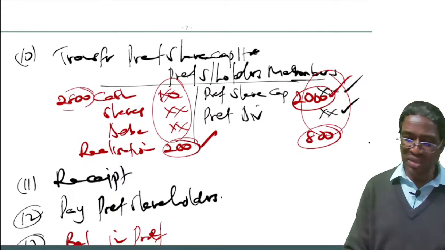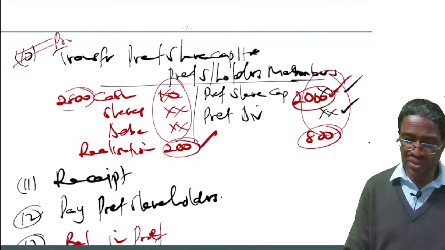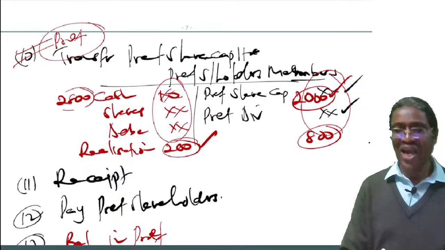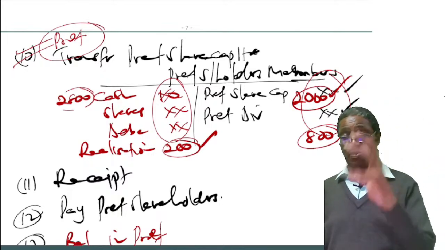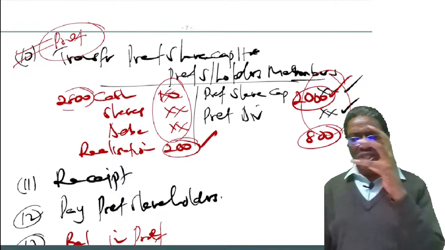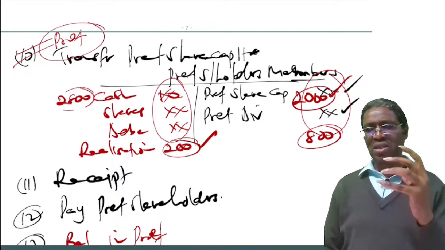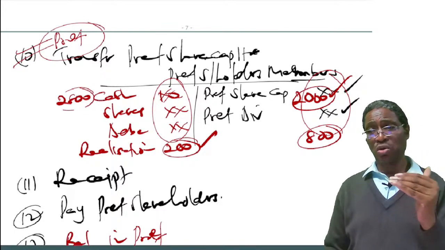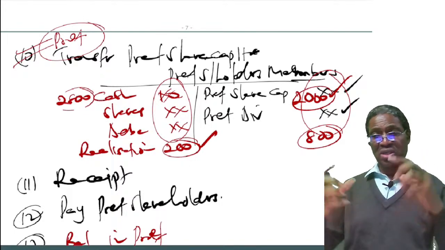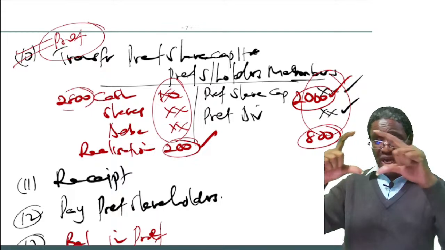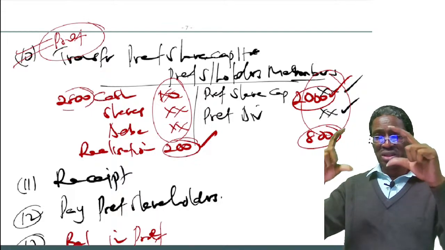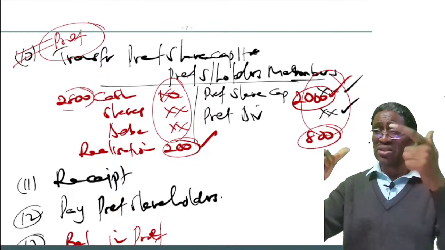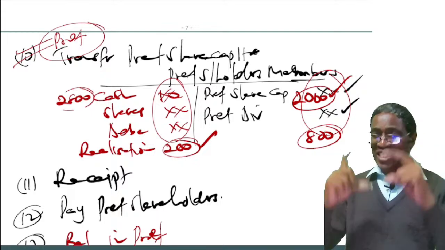I did the same for the preference. I opened a liability account for the preference. So what I want you to understand is the flow of the transactions. I started by closing the accounts. Close the assets, close the liabilities, create a data.